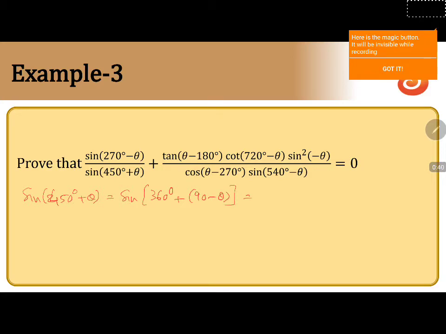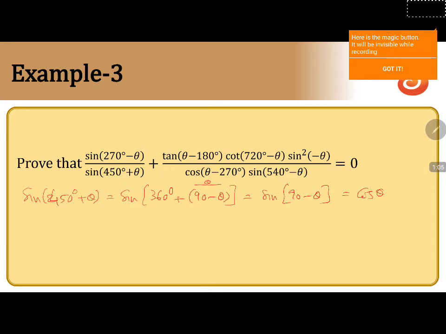Sine 360 plus theta, first quadrant, sine 90 minus theta. So now you treat this 90 minus theta as theta. So I got sine theta. So theta is this 90 minus theta. 90 minus theta lies in first quadrant. Since 90 is there, sine changes to cos. This will become cos theta.